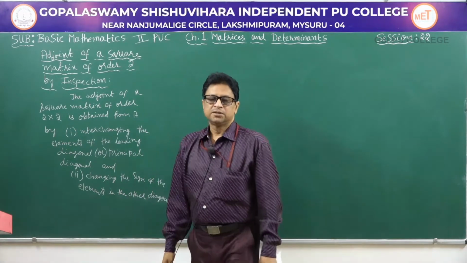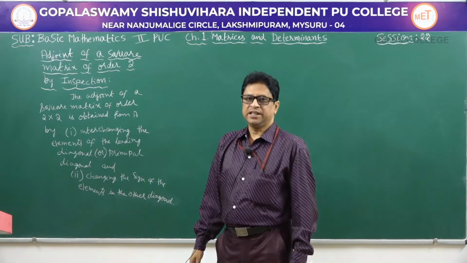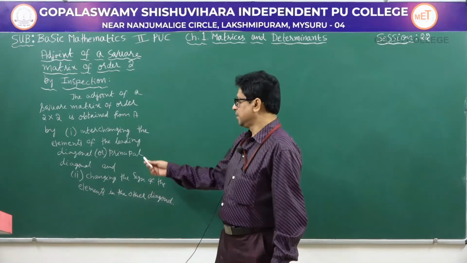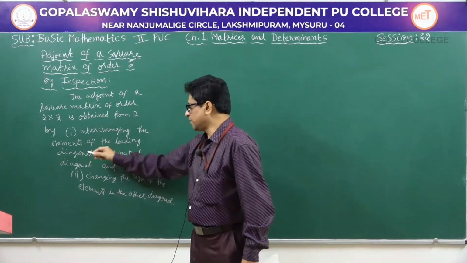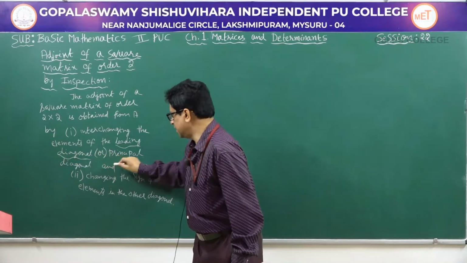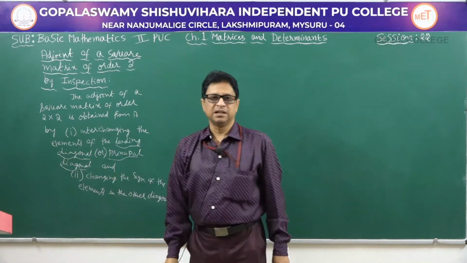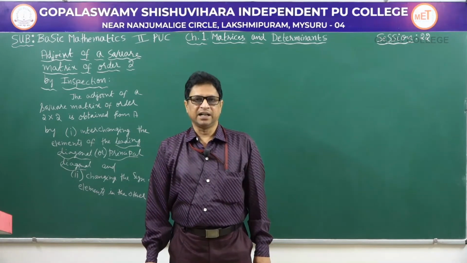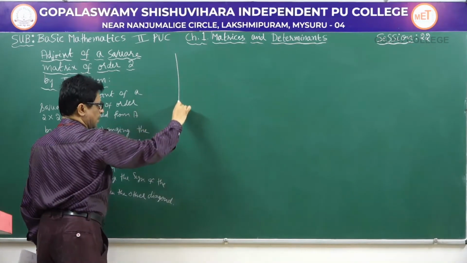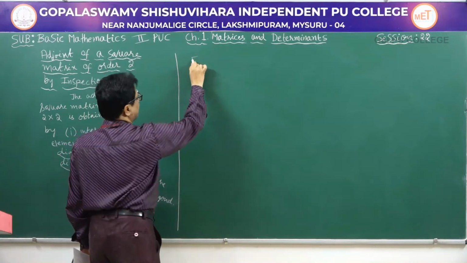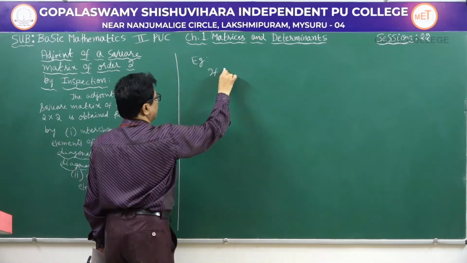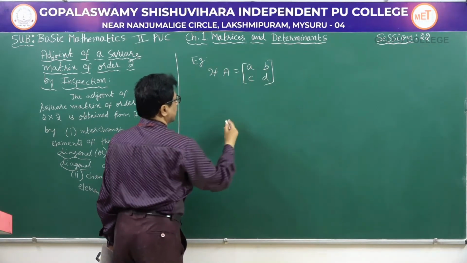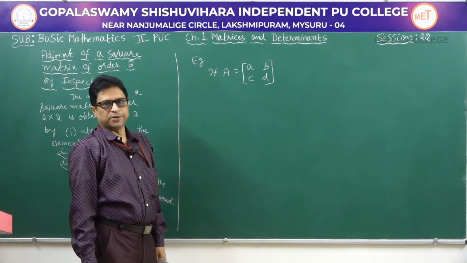That is, in a 2 into 2 matrix, the adjoint of a given matrix can be found by inspection. That is, by interchanging the elements of the leading diagonal or principal diagonal and changing the signs of the other diagonal. Example, if A equals A, B, C, D. So, this is a 2 into 2 matrix.